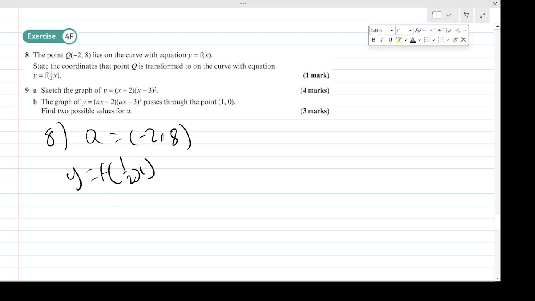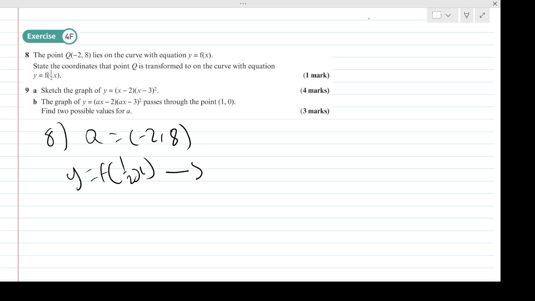Okay, and again, this half of x is inside the function, so it affects the x, but it also does the opposite of what you expect.